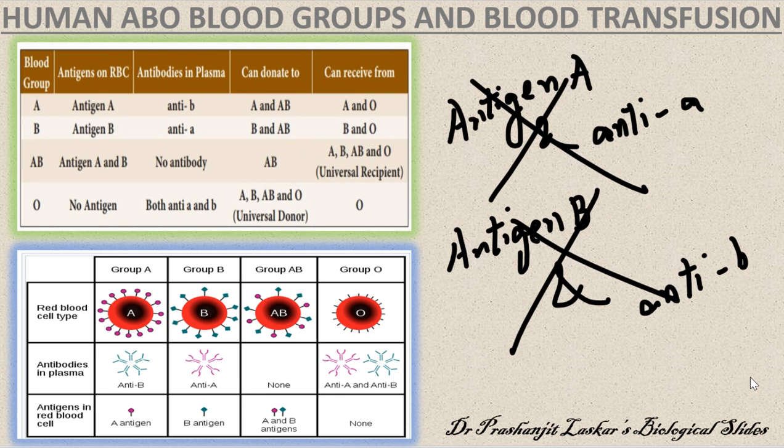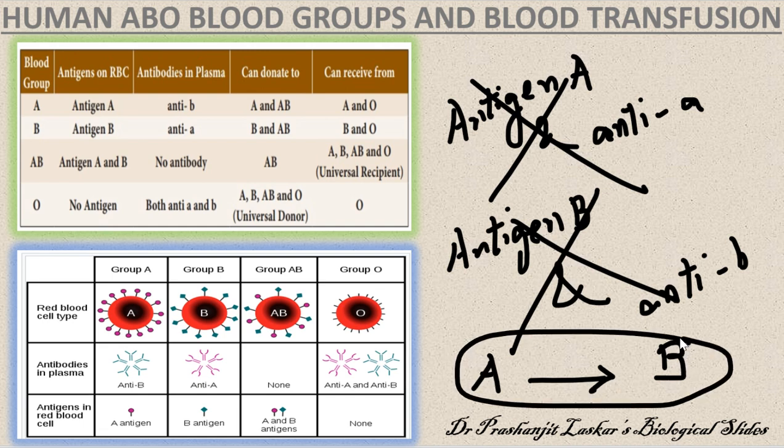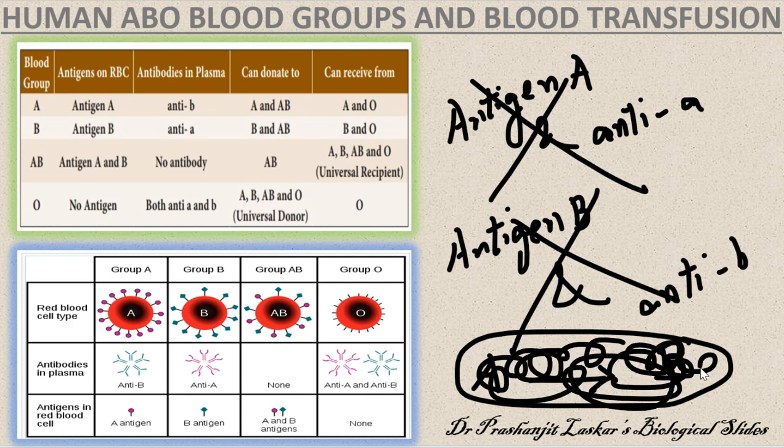It means when blood from different blood groups, A and B, is mixed, clumping occurs due to antigen antibody interaction.